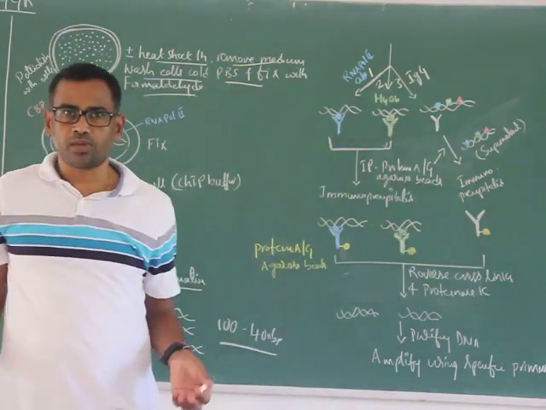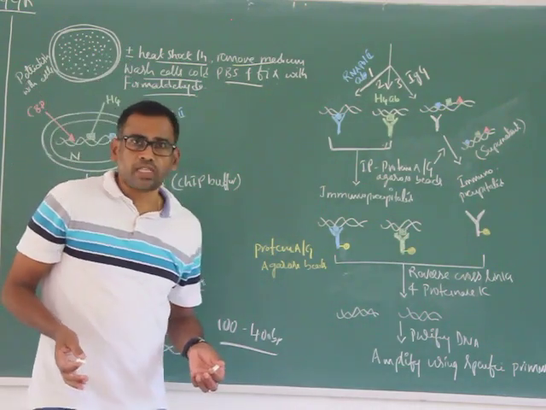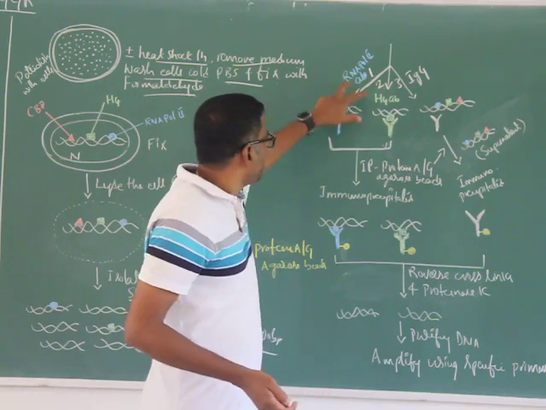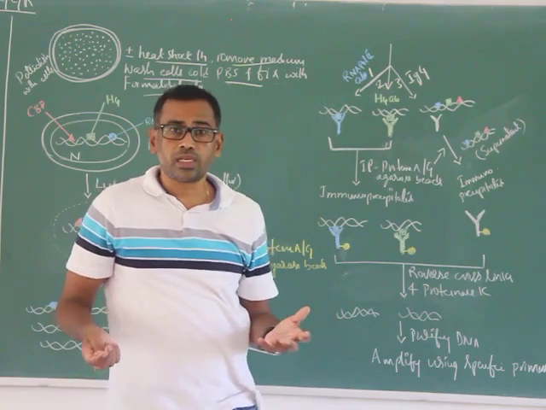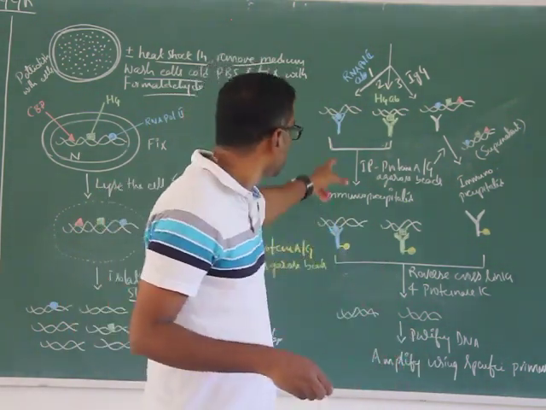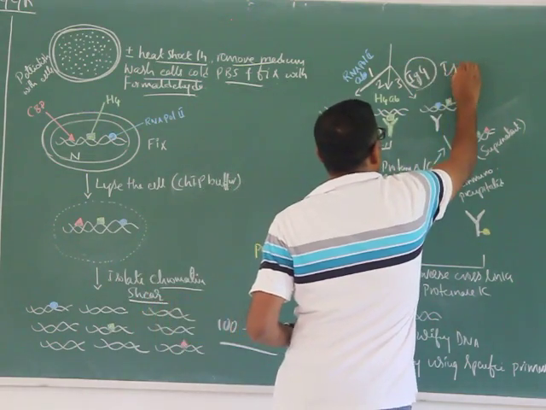It's a non-specific isotype control, because the RNA polymerase II antibody and H4 antibody are IgG class. You want to see whether the antibody is non-specifically binding or pulling down, and for that purpose you use IgG isotype.